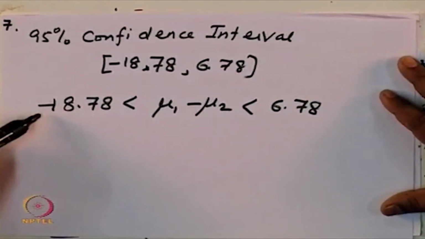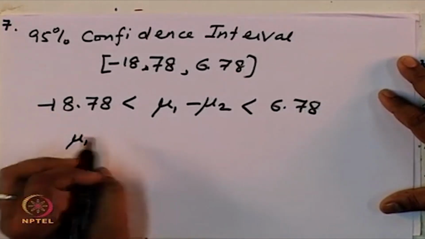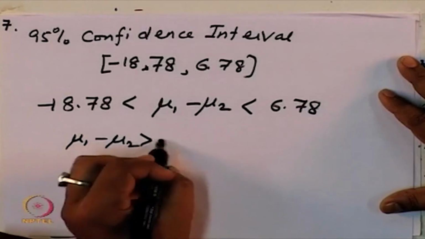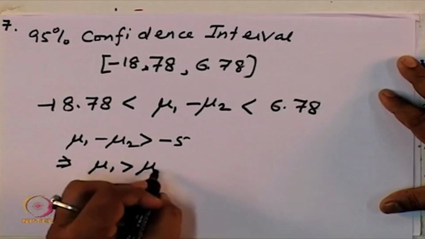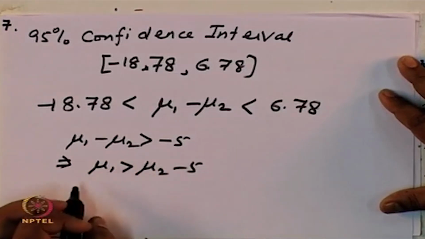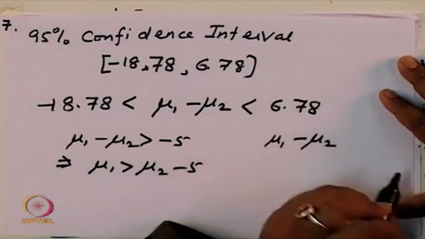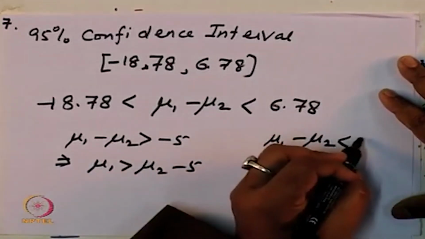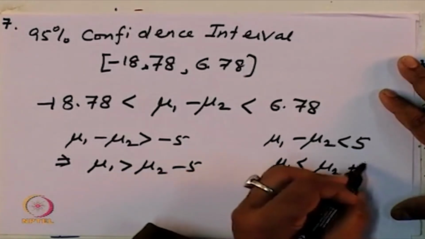If it is negative, then there is a possibility that your mu 1 minus mu 2 is greater than, let us say, minus 5, implying mu 1 is greater than mu 2 minus 5. Or you could have had the other possibility, mu 1 minus mu 2 is less than 5, in which case mu 1 is less than mu 2 plus 5.